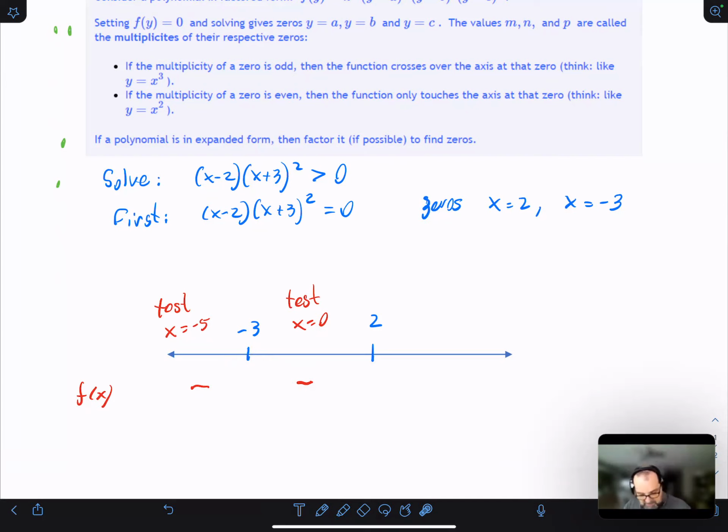All right, last one, we can test another point up here, something like x equals 3. It's your choice, but if I put a 3 in here, I now get a positive 1. This is always positive, so now I have positive times a positive, which is positive.